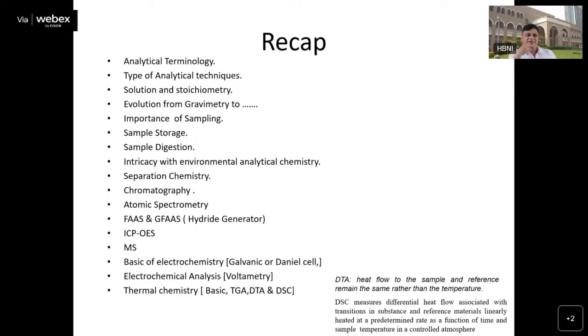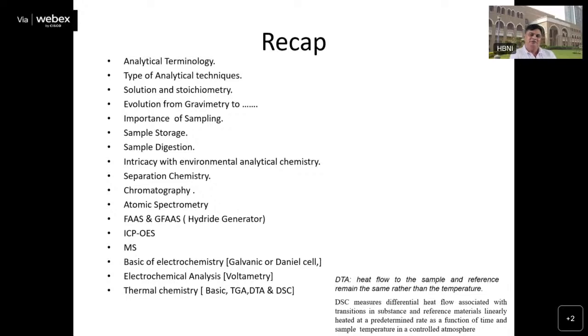And after discussing this electrochemical analysis, we discussed the basics of thermal chemistry. In this, as I told you, thermal chemistry is nothing but when we are studying any reaction with variation in either the temperature or the time.